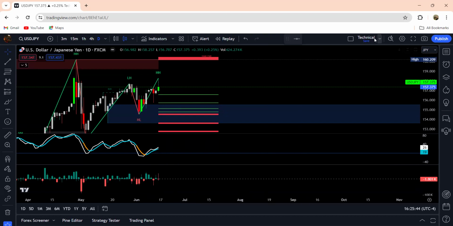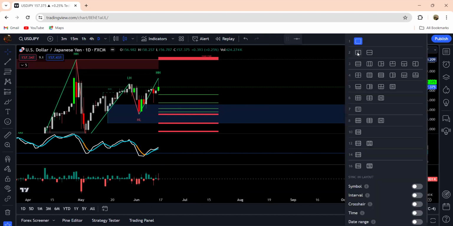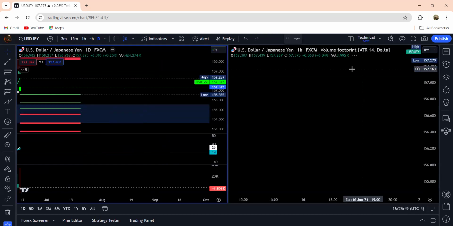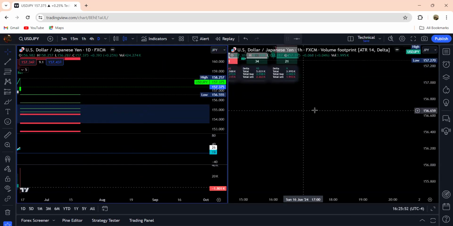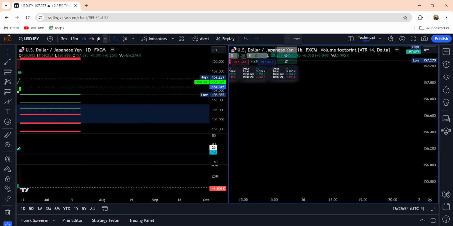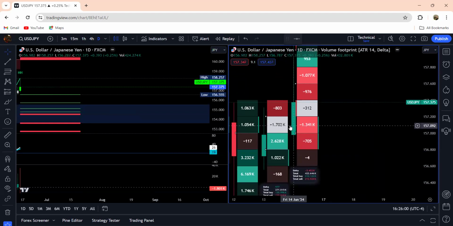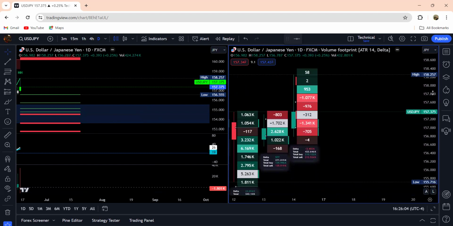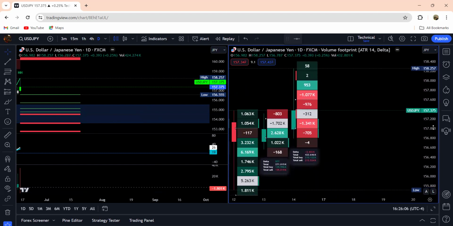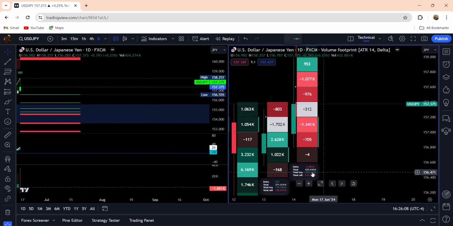And here I'm going to show you. Let's test it out. Let's look at our footprint and see if it adds up, if they're saying the same thing. So let's go to the daily on the footprint. Okay, now looking at this daily candle on our footprint, let me blow this up a little bit, the volume delta candle is absolutely correct.